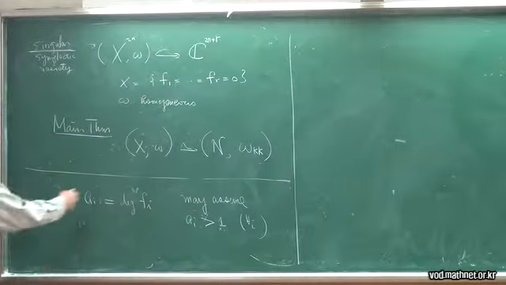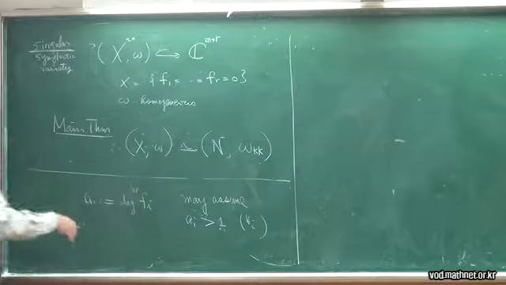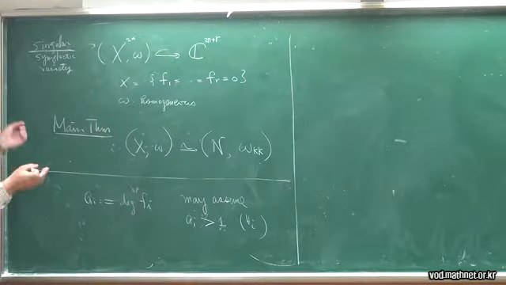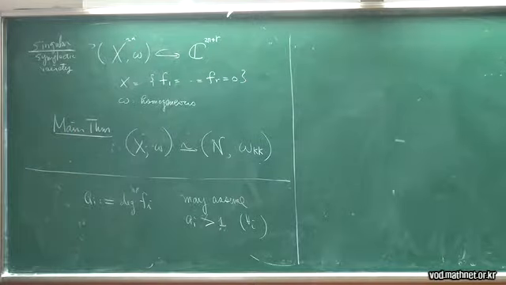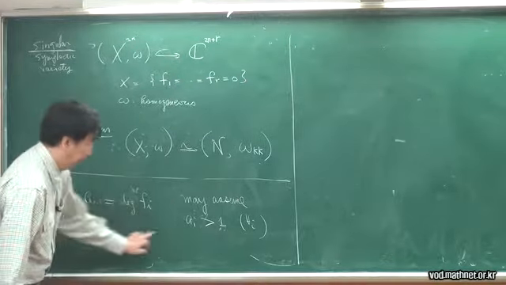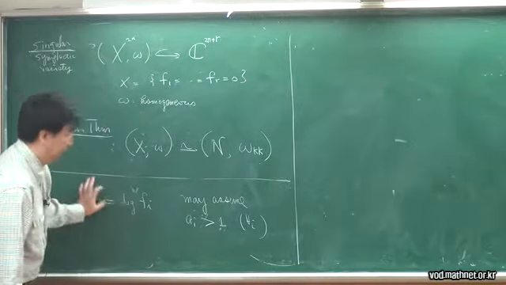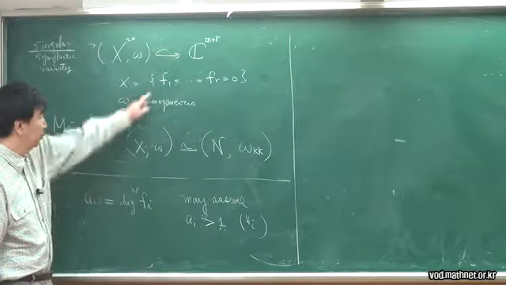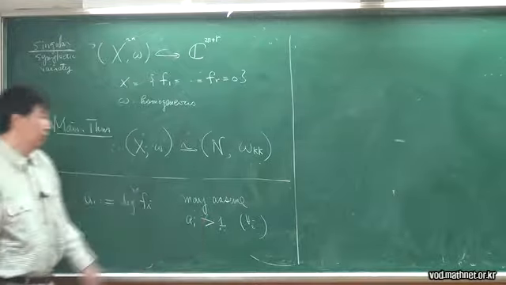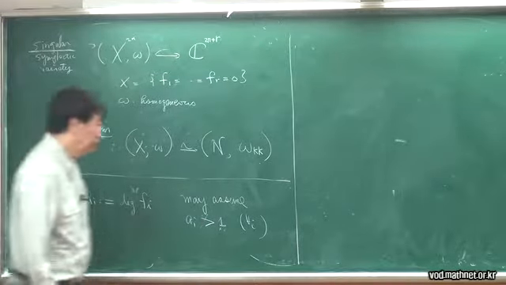Because if there is some linear form, then you can eliminate one coordinate by the equations, and everything can be reduced to this case.